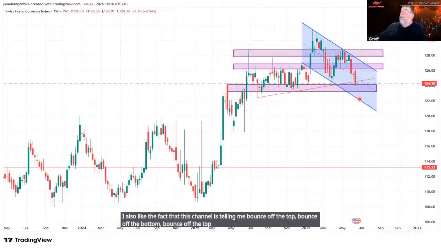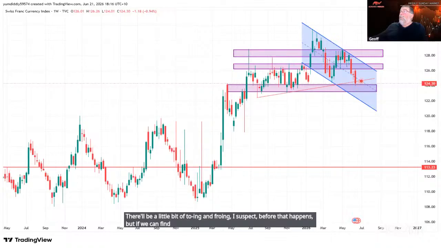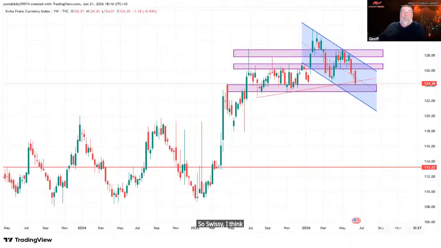So I expect this to go back to the bottom at some stage. There'll be a little bit of toing and froing, I suspect, before that happens. But if we can find a nice little retest of that trend line, for instance, then there might be an opportunity to get this back down to the bottom into the 122 zone. So Swissy, I think, is a little bit bearish.